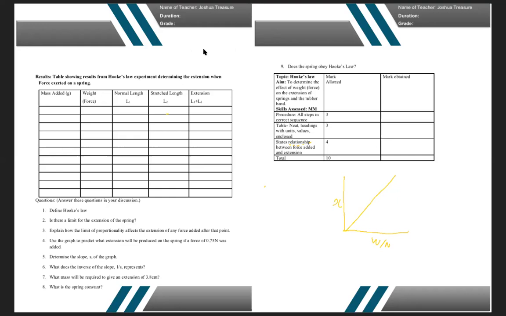As we said, we didn't have time to go through this. So as the weight increases, what happens to the extension? It stretches. It also increases. All right, it also increases.